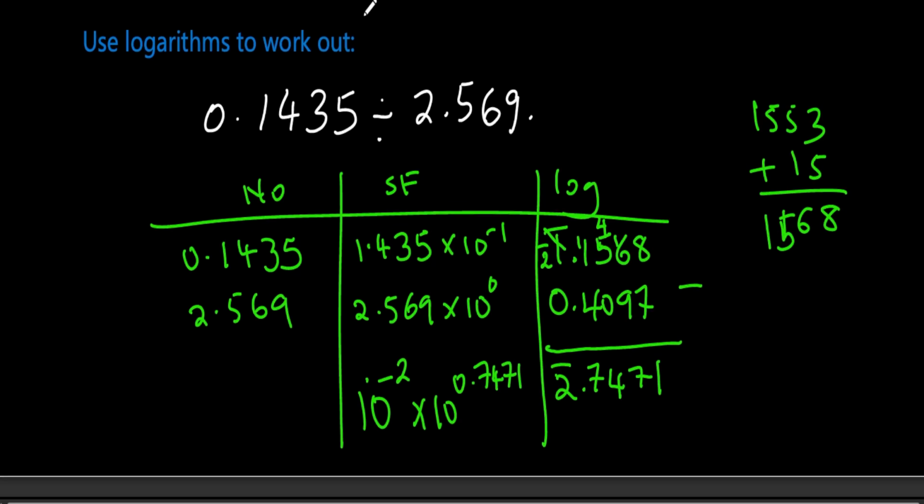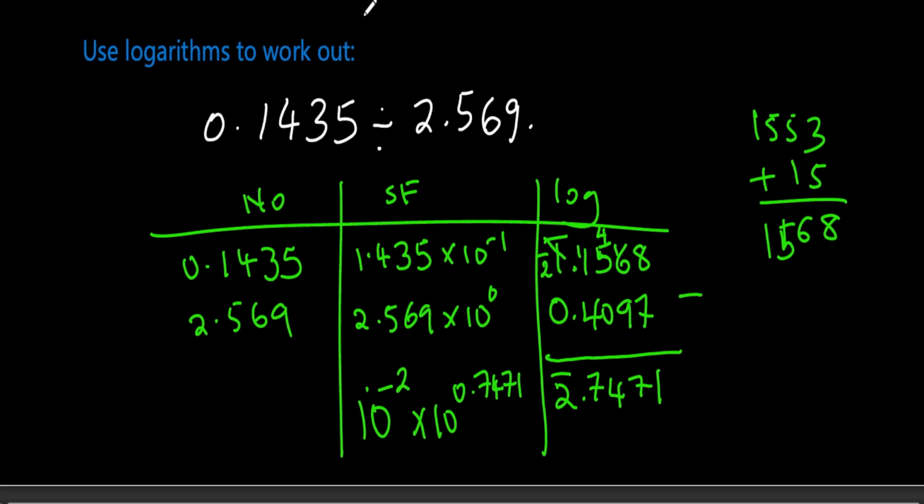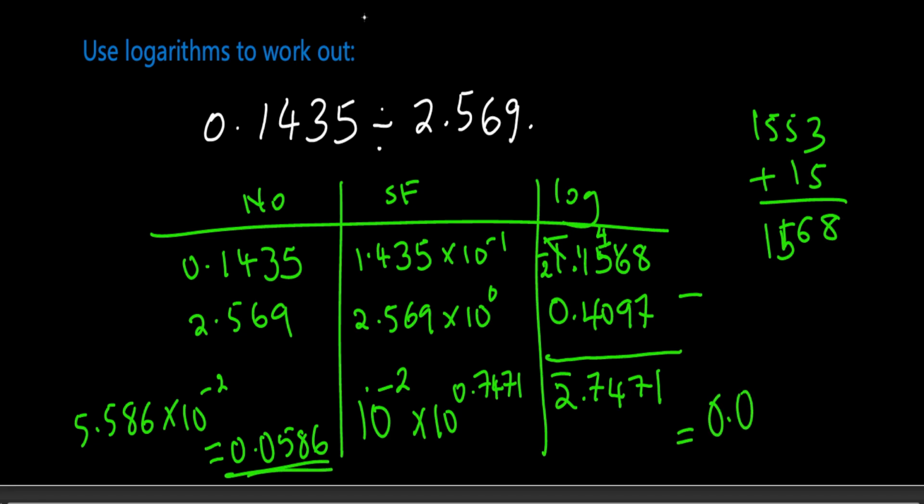Again, this is going to be 5.586 multiplied by 10 to the power of negative 2. At the end of the day, it's going to be 0.0586. So that is your answer. Let me just write it here. Yeah, that is your answer.